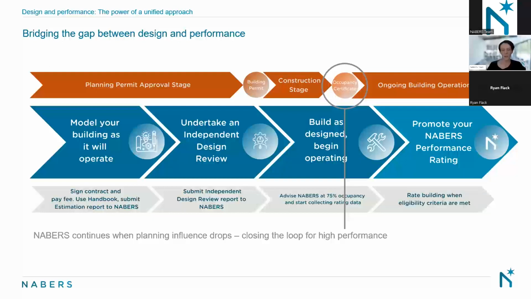But at some point, usually well before the building is built, or well before the building is operational, and well before we know if there's a performance gap, the influence of a policymaker drops away. And being able to use a tool like a commitment agreement that is run externally, has a framework that follows things up for multiple years after the building is complete and operating, really extends the influence of a good policy and lets us close the loop and get better outcomes for a longer period of time.